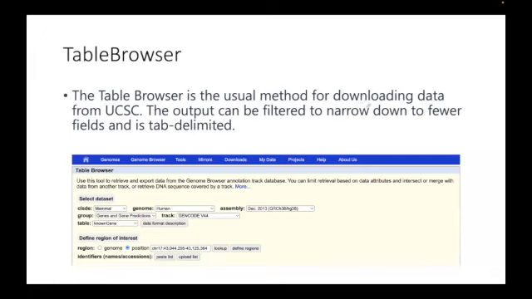So table browser is to download the data from the UCSC. It's something similar to BioMart in Ensembl, but not all the functions are given. In some cases, table browser from the UCSC is more helpful, but in some cases, BioMart is more helpful. So it's case by case.